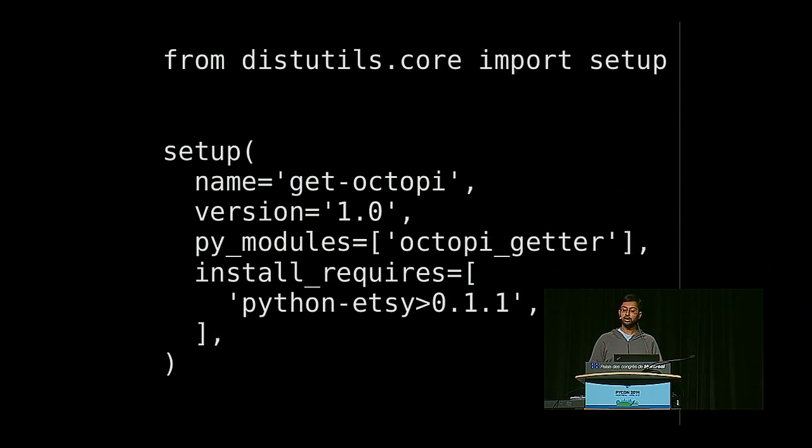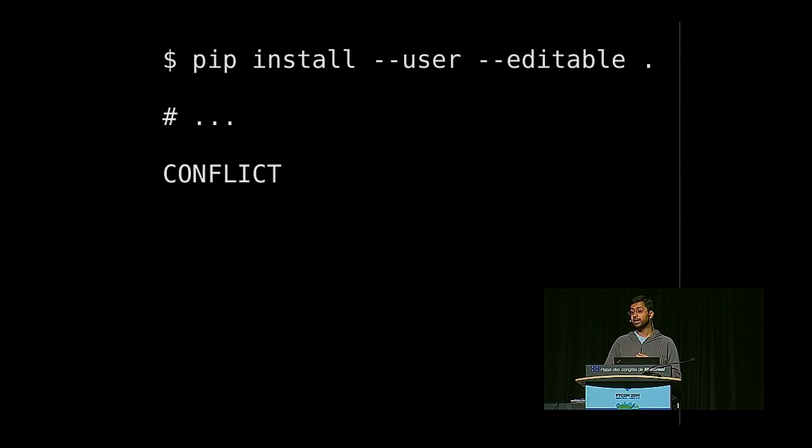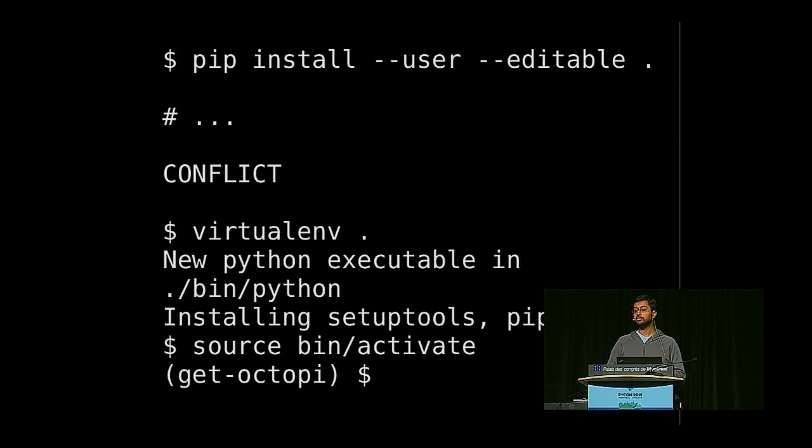And if your code that relies on this python-etsy distribution, the newer version, conflicts with some stuff you already had installed that relies on the older version, you're going to have a bad time. So there is a tool for separating these out, and it is called virtualenv. Virtualenv is a way to separate out the Python packages that are installed so that you can get a fresh, empty Python for better or for worse. Hopefully for better, because it means that you have total control over what's in there.